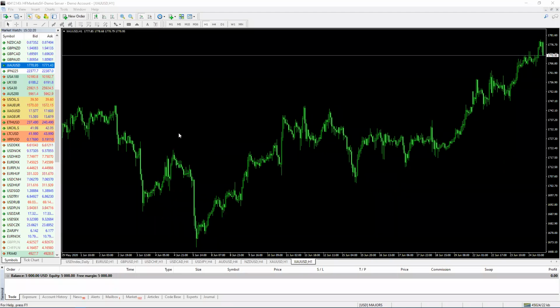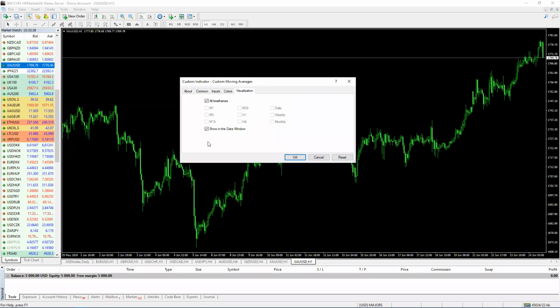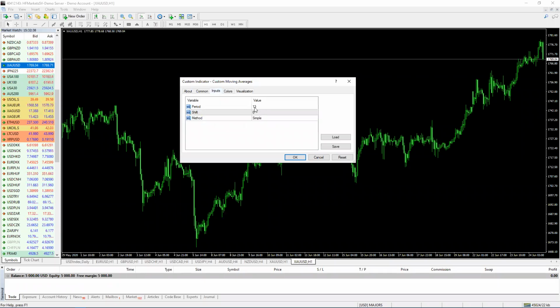Okay, so nataka kuweka. This is what should come up. So nataka kuweka 20, okay, 50 EMA. So ndakuja I select inputs, okay?